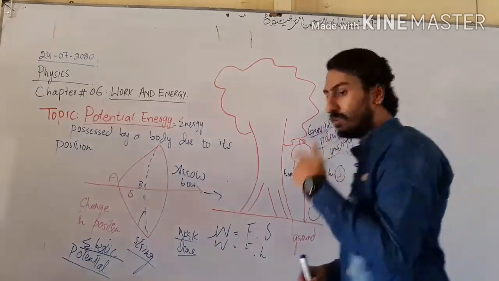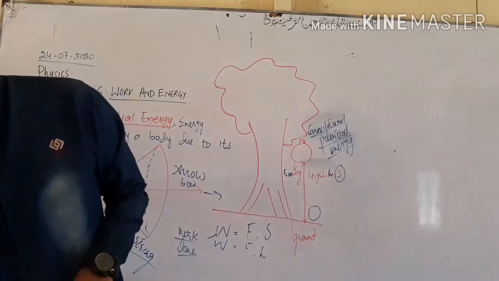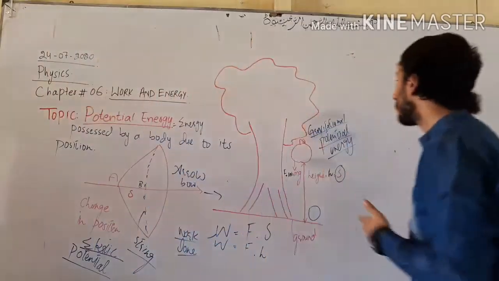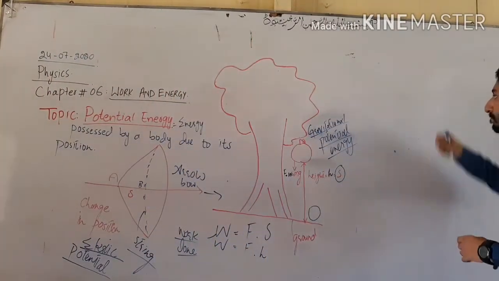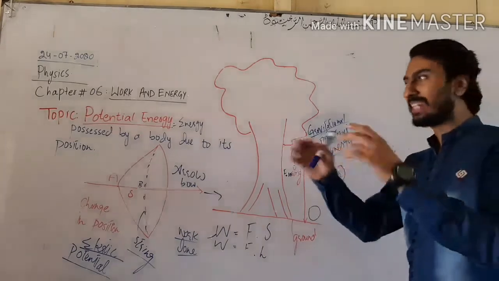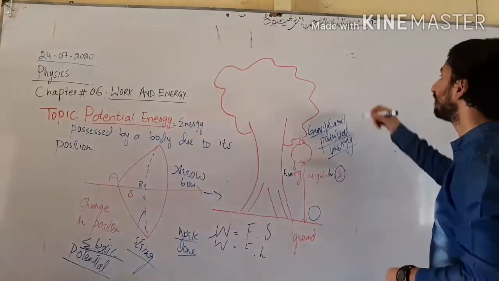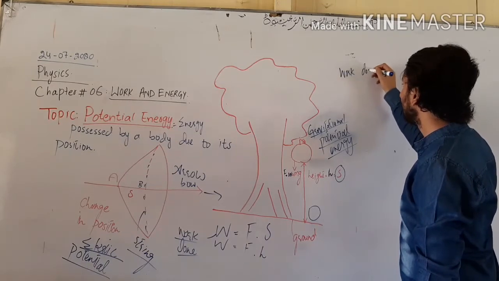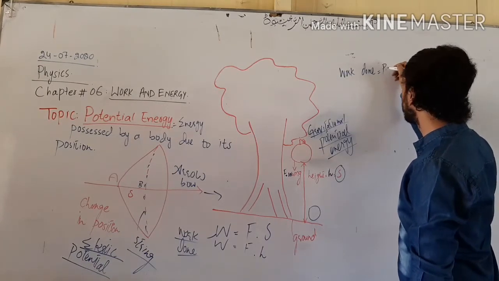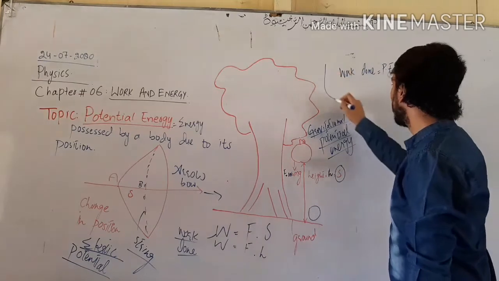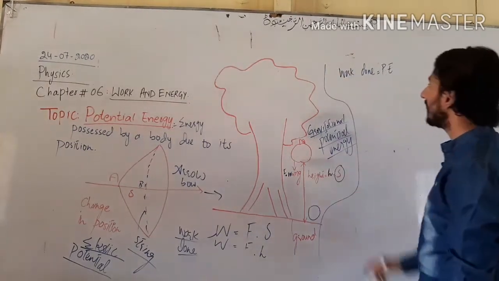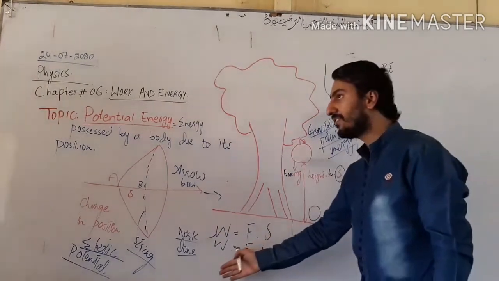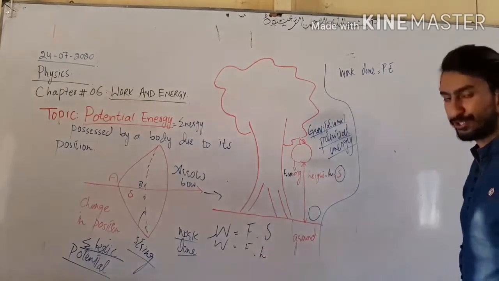So now we are going to explain the mathematical form of potential energy. We know that work was done here, and we call this work done as potential energy.